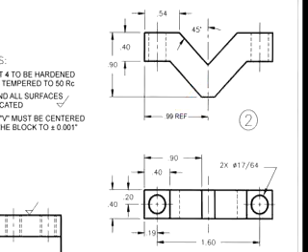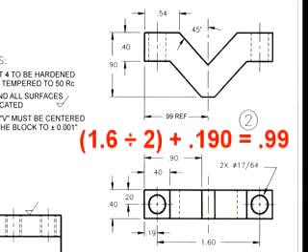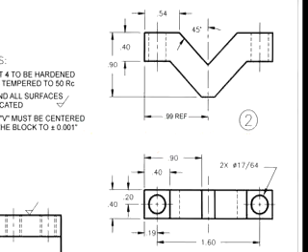that same dimension by dividing the 1 inch 600 thousandths of an inch dimension that we see here in two, and then adding that to the 190 thousandths of an inch dimension between the center of the hole and the end of the part. That will give me the same 990 thousandths of an inch.